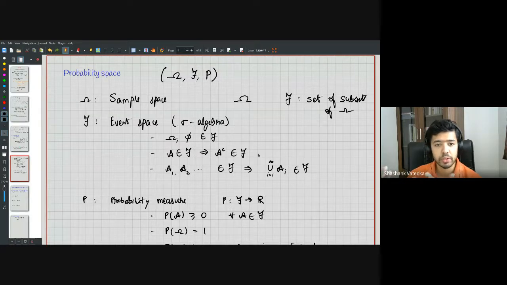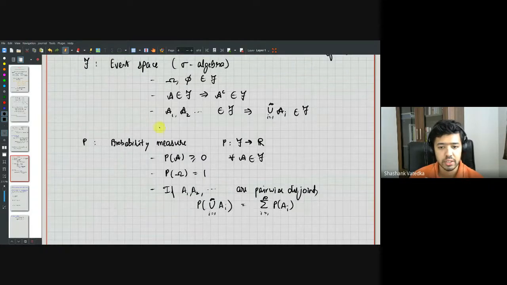Now on this probability space, we assign a probability measure. A probability measure is any function which assigns a probability to each event, and in particular, it should satisfy the following properties: the probability of any event should always be bounded between 0 and 1. The probability of omega, the certain event, should be equal to 1.